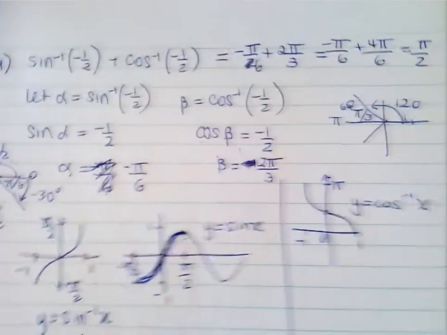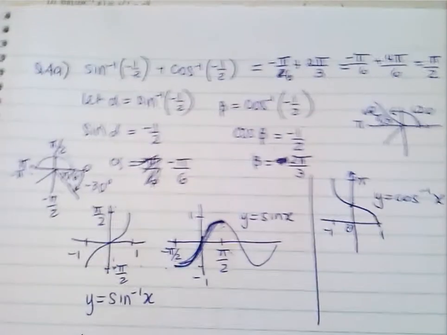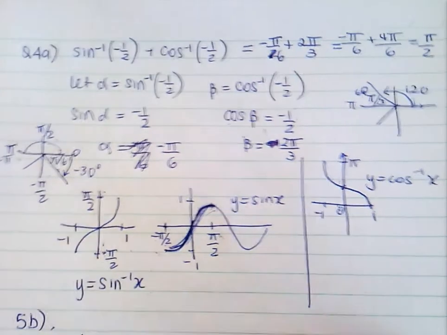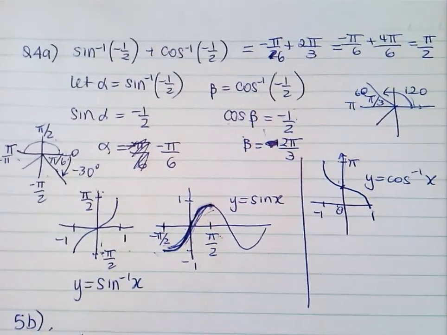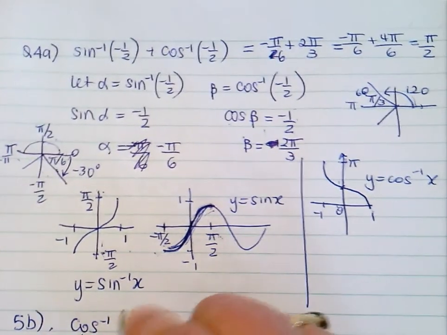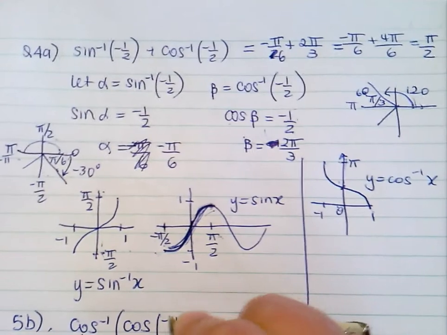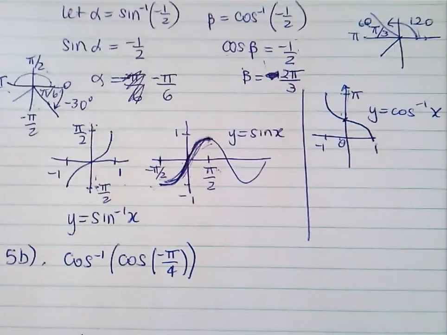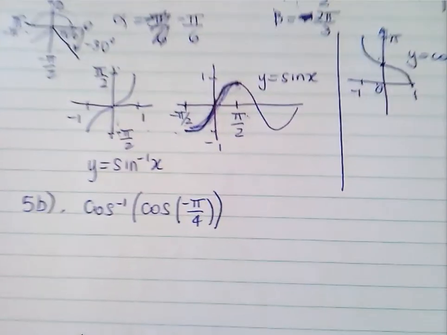5B. Yep. So we need to spend a few lessons on this, girls. Maybe got to get this right. Okay? 5B. The question is inverse cos of cos of negative pi on 4. Now you're going to see something that happens in a minute. They can just cancel.